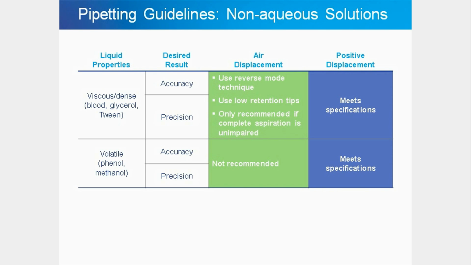Samples that have a high vapor pressure or are very volatile will affect pipette performance dramatically and can potentially damage the pipette's internal parts. If accuracy and precision are required in pipetting these non-uniform samples, use a positive displacement pipette, and the pipette is not in danger of damage.